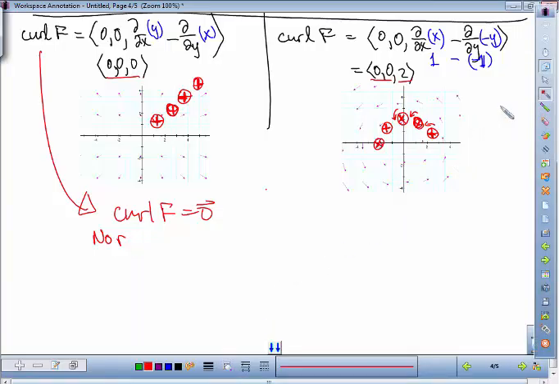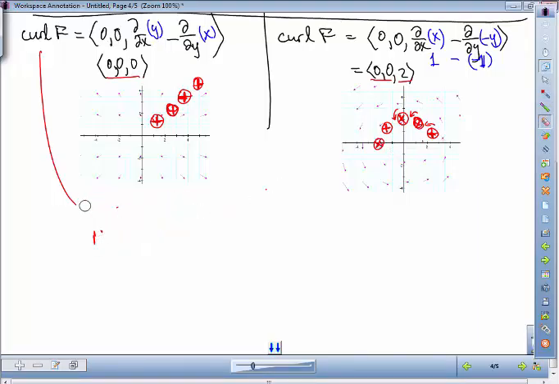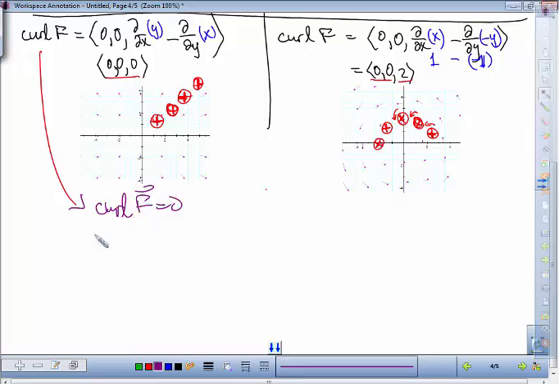Sure. I can't change these other ones, but okay. So what was I saying? Curl f equal to 0, no rotation, 0 vector, no rotation. Irrotational.